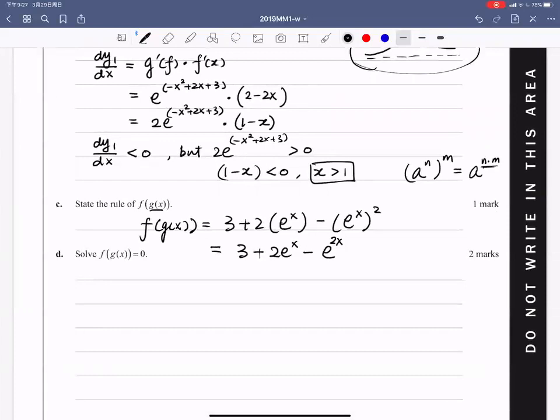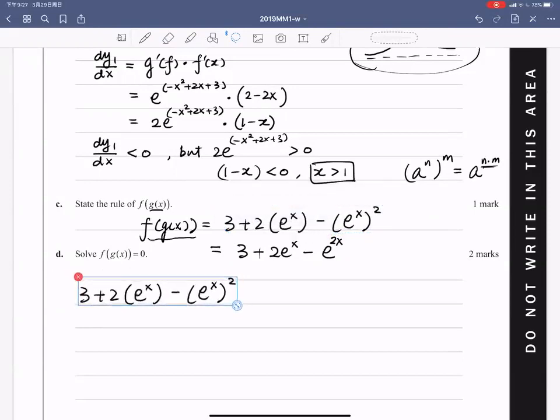And I want to solve fg of x equals 0, which is looking for the x-intercept for the graph of f of g of x. All right, if I'm making this one 0, I'm actually making this one 0 as well. So why don't we just drop down this bit equals 0?